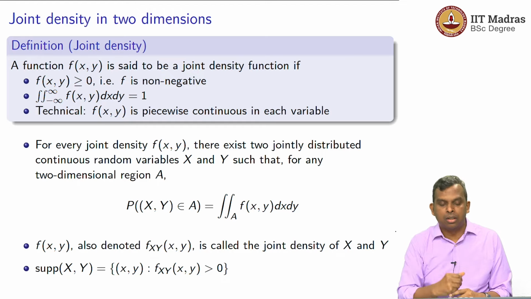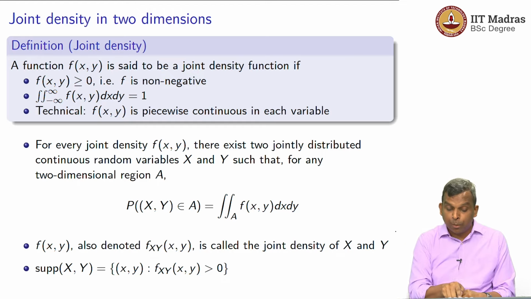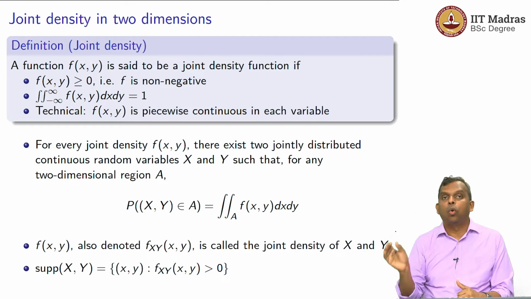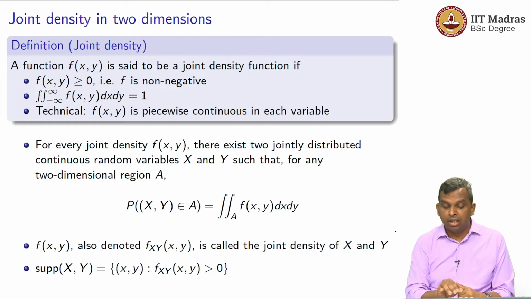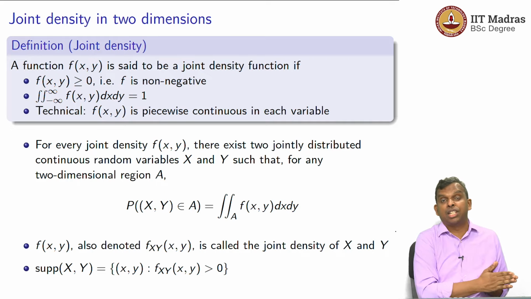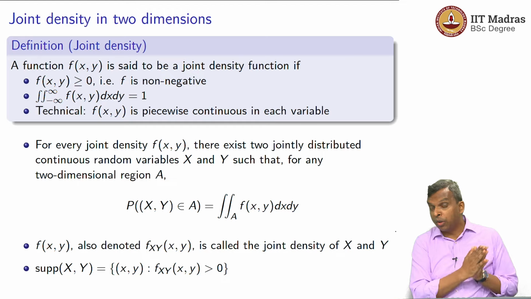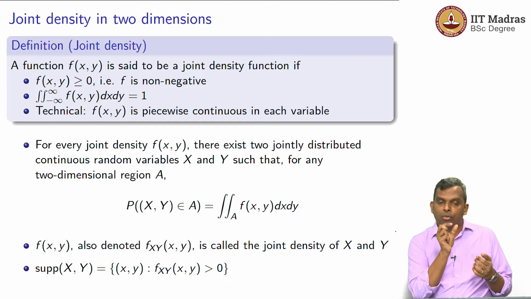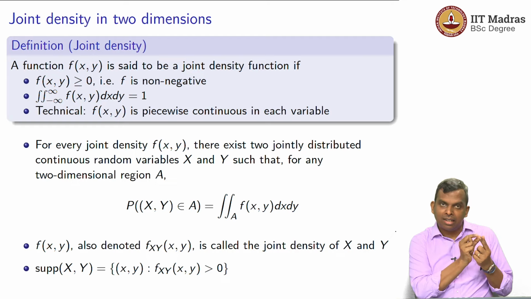It's a very reasonable question to ask, and that probability is obtained by integrating the joint density over that area, over that region. This is easily one of the most important formulas involving density. Go back to the one-dimensional situation, with one continuous random variable. How do you find the probability of the random variable falling inside a certain interval?